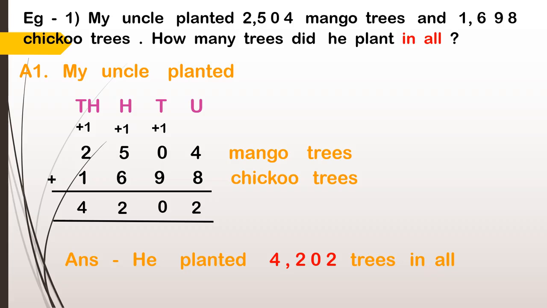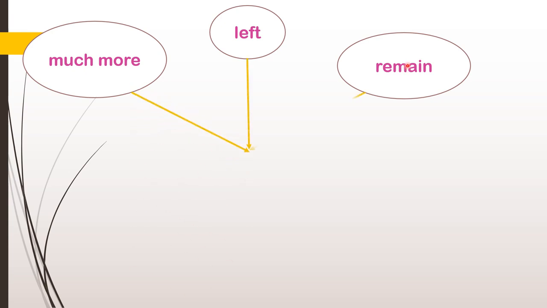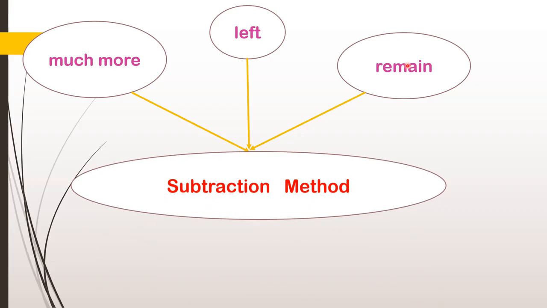Now let's go to the next part. Left, much more, and remain. When you find these three words in a word problem, left, much more, and remain, then I use the subtraction method. As I told you about the oral problem, remember, Rohan had 10 marbles.